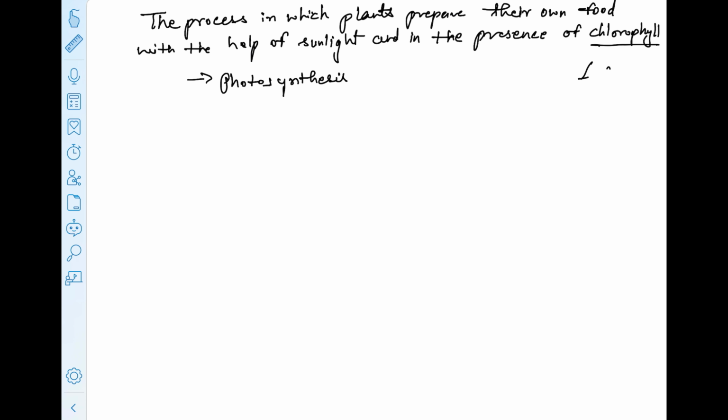If chlorophyll is not present in plants, then food is not prepared because chlorophyll can only trap the sunlight.